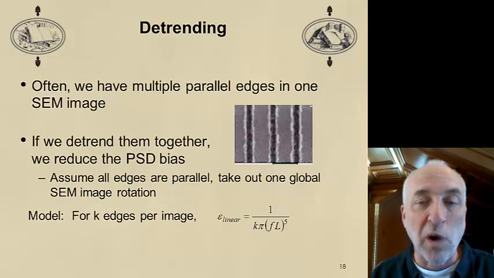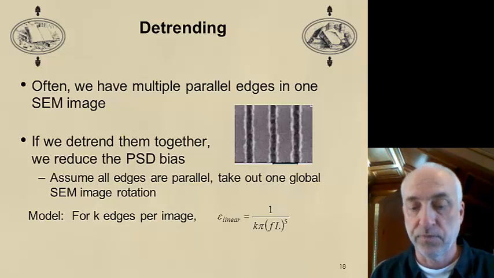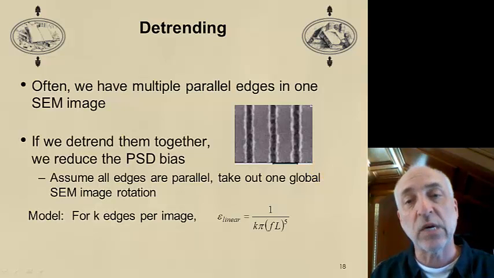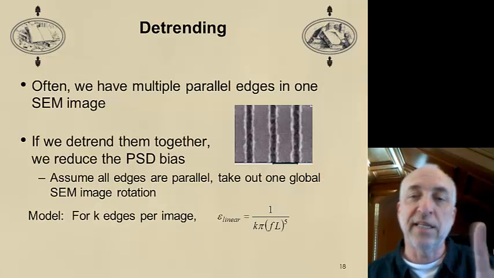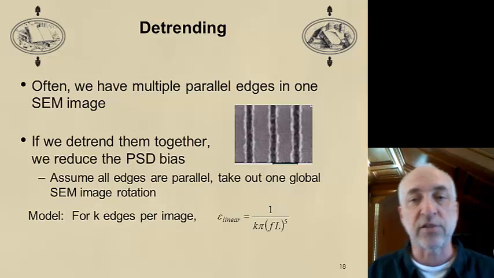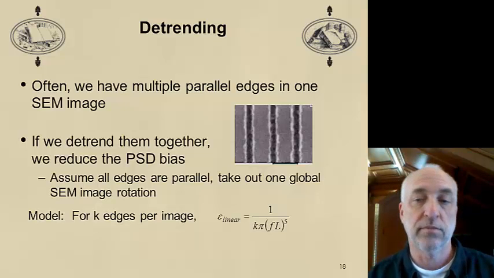I could find one best fit slope for all 6 edges. So when I fit a line, I could have a different intercept for every edge, but only one slope to fit them all. It's the equivalent of saying I'm going to rotate the SEM, subtract out some unknown rotational error in my SEM image, but rotating all of the edges together.